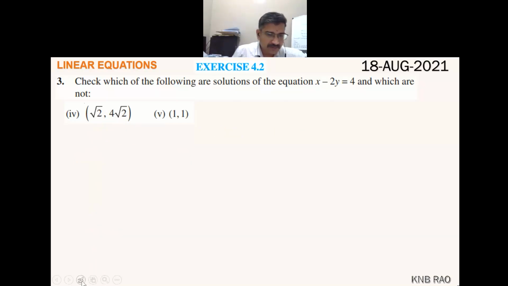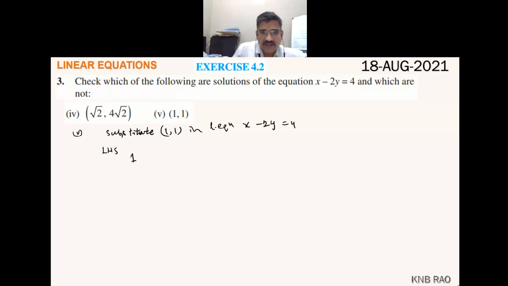In the 5th question, just the same, substitute. When you substitute 1 comma 1 in the linear equation x minus 2y equals 4, LHS we are taking, that is x minus 2y. In that you substitute 1 minus 2 times 1. 1 minus 2 times 1 is 2.